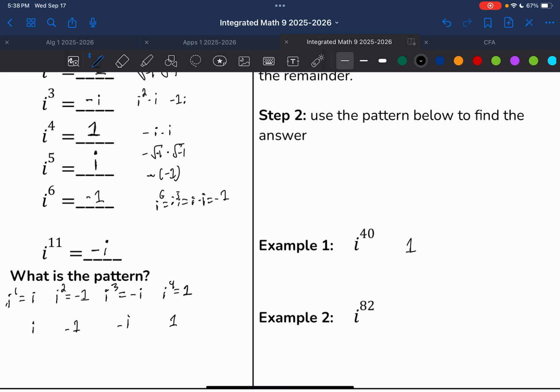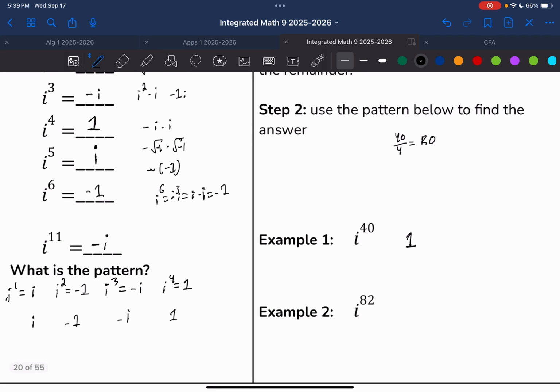So this would be 1. When we divide 40 by 4, we get a remainder of 0. And that means that it's equal to i to the fourth, which is 1.